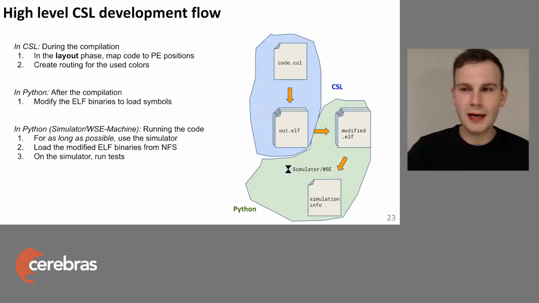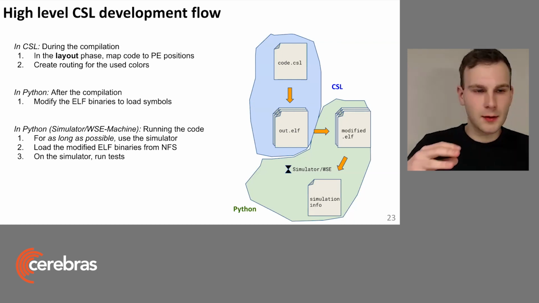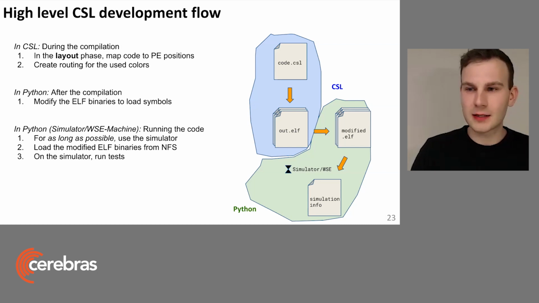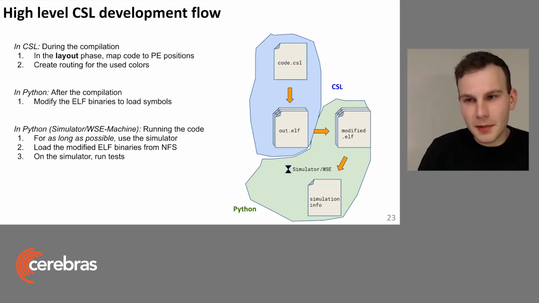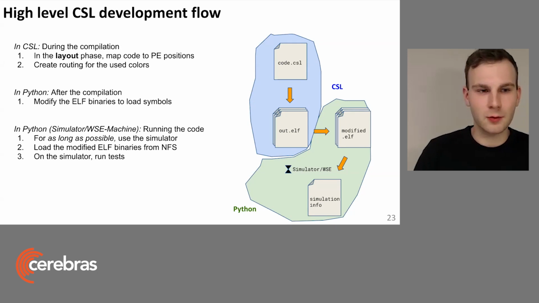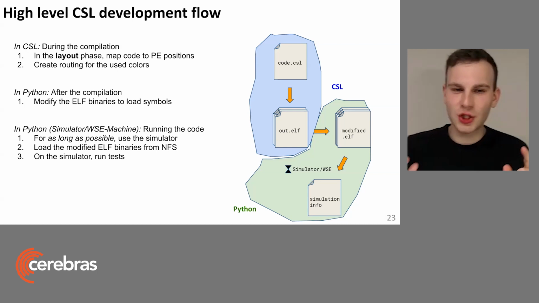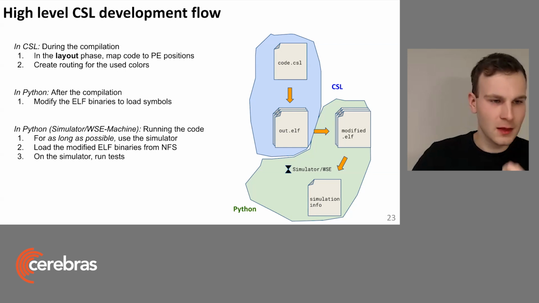So let's look at the high-level workflow of how we approach this. We start by mapping single code files to each PE on this PE grid, on this wafer scale engine. And this is a bit different to what MPI usually does, where we run the same program everywhere. Here, we place a different program onto each tile, or each PE.